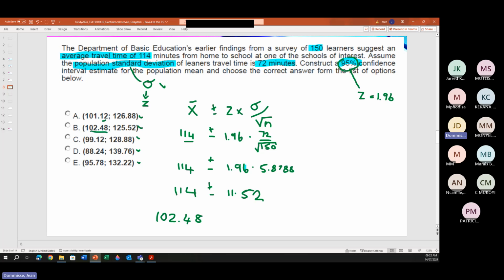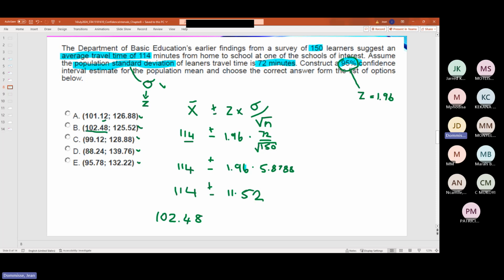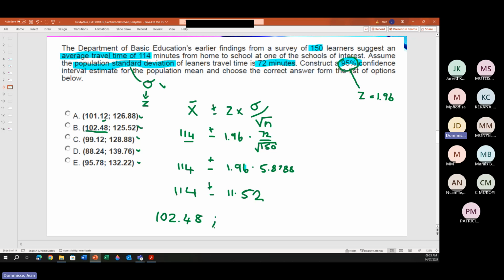Okay, so it seems like it's only going to be that one, but let's just make sure that we then say 114 plus 11.52, which gives me 125.52. Okay, so that is then option B.